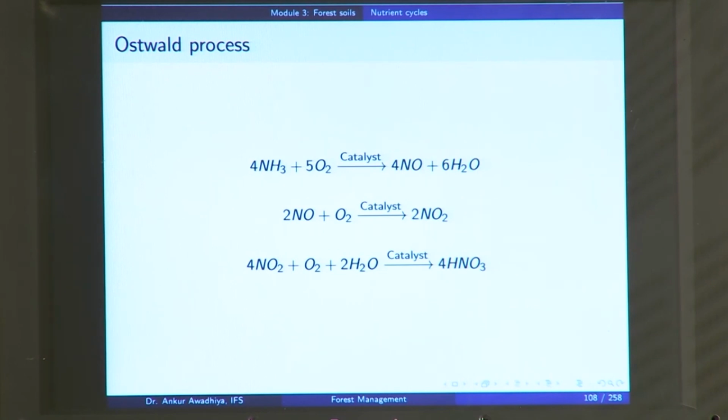Now, in the case of the industrial nitrogen fixation, you are using the Haber process to convert atmospheric nitrogen into ammonia, and then you are using the Ostwald process to convert this ammonia into nitrates. So, in this way we are able to get a huge quantity of nitrates, which can in turn be used in the fertilizer industry.